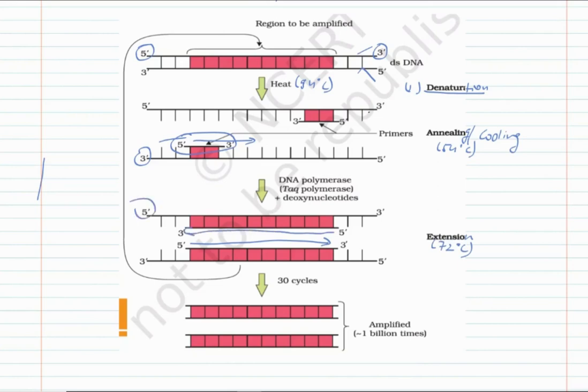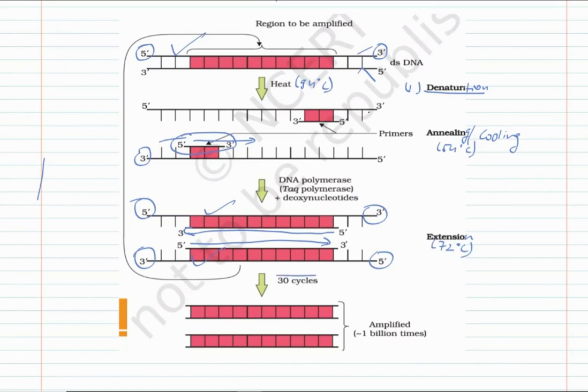Both strands are acting as template strands, and the primer in the presence of the polymerase will be extended from 5 prime to 3 prime on both the strands. So from one DNA molecule, we have now obtained two molecules. So in one cycle, the DNA has been amplified.